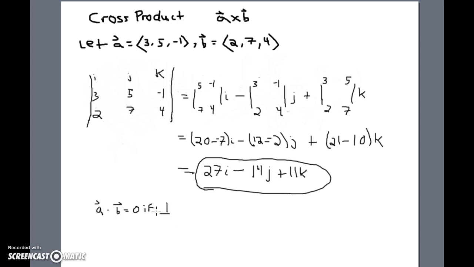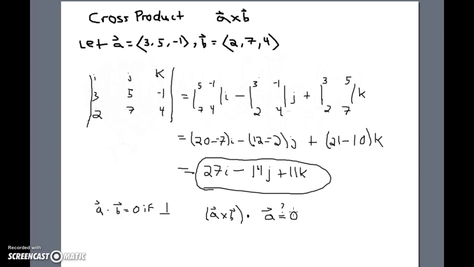So let's test the dot product between A cross B and both vector A and vector B. So first let's do A cross B dotted with vector A. And that should, we'll see, but it should equal 0.